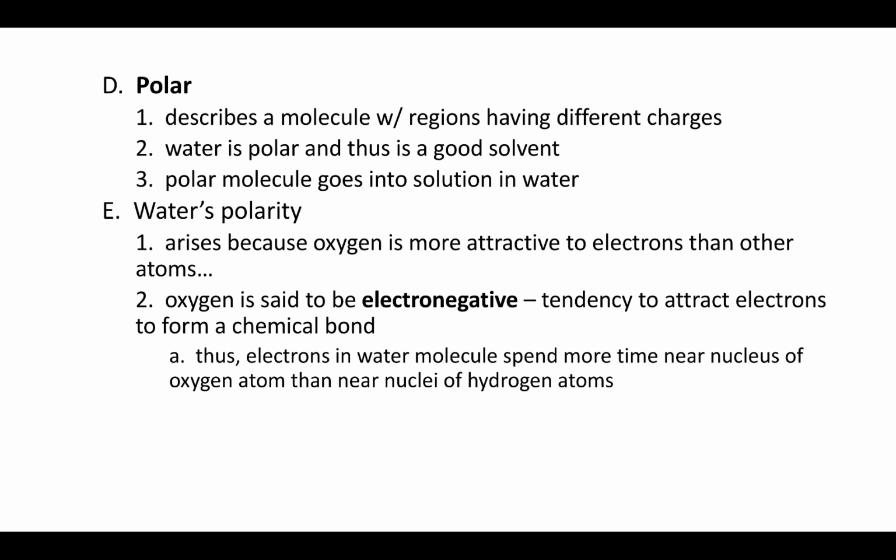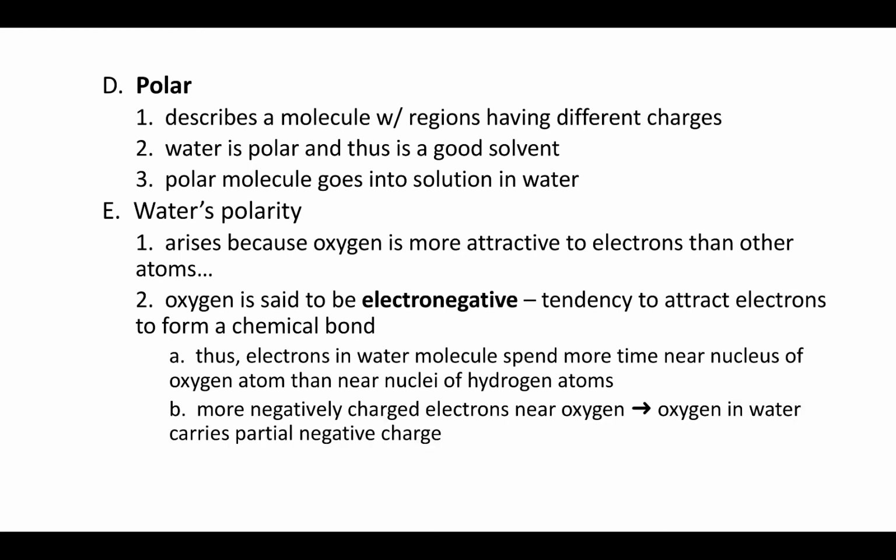Electrons in water molecules are going to spend more time near the nucleus of the oxygen atom than near the nuclei of the hydrogen atoms. The oxygen atom is pulling the electrons towards itself.